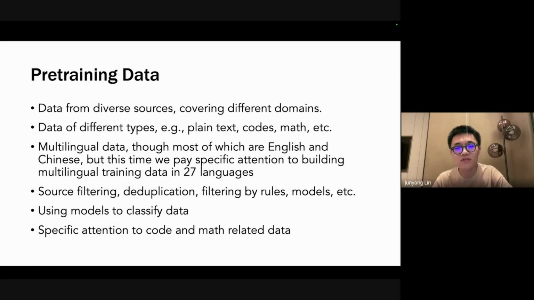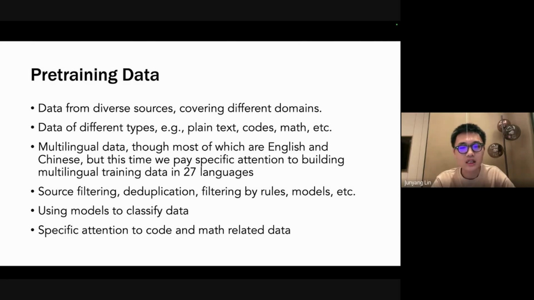In comparison with Qwen 1.5, we have done something more for code and math. And for the next part, we're actually building the next version of Qwen, and we pay more attention to code and math.